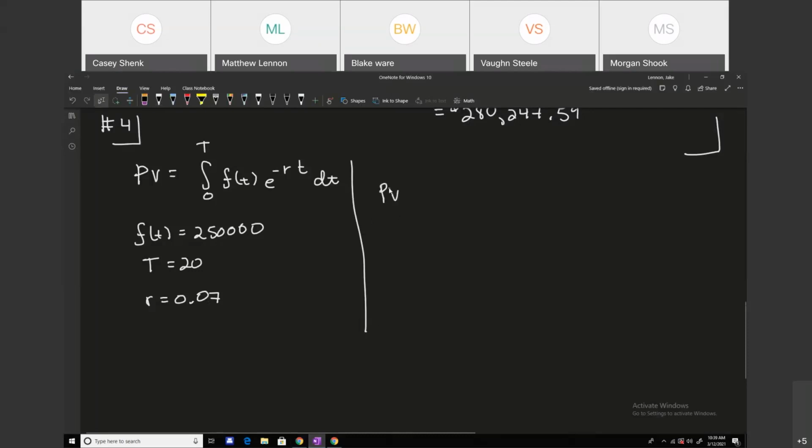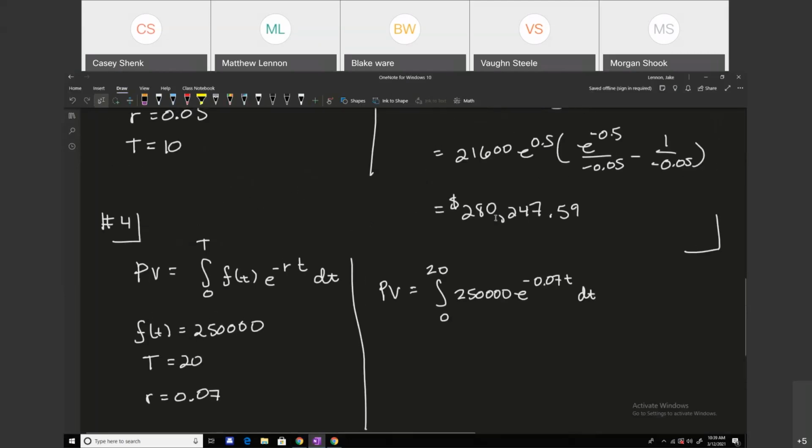So our present value is the integral from 0 to 20 of 250,000 times e to the negative 0.07 t dt.